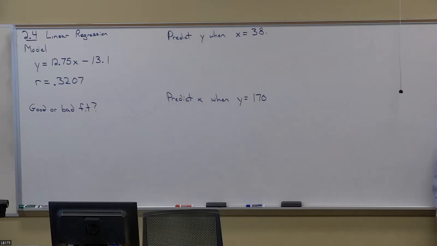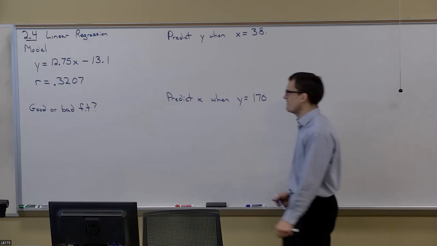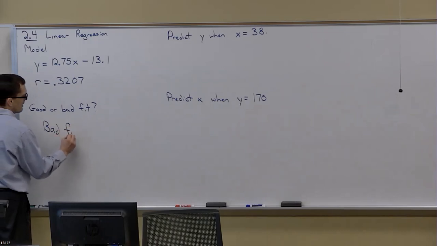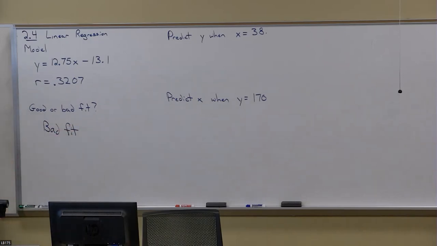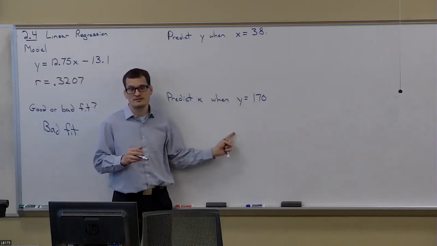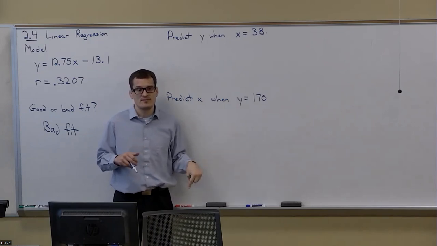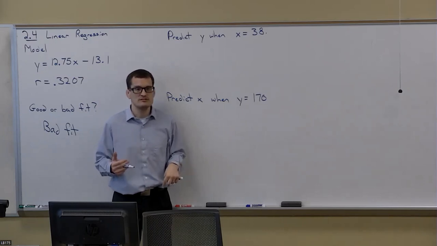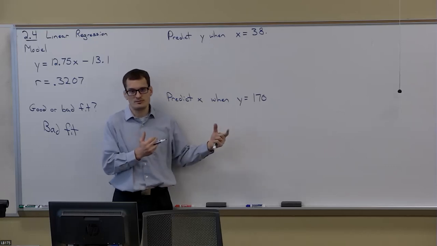So based on our R values, is this a good fit or a bad fit? Bad fit, right? It's under 0.75 in absolute value. And here's my only point. Even if this line is a bad fit to the data, go ahead and make our predictions in this class, for the sake of plugging things in Moodle.